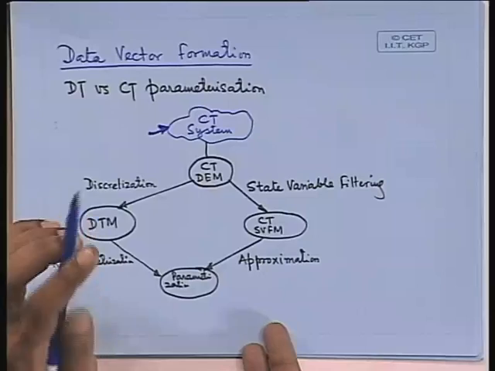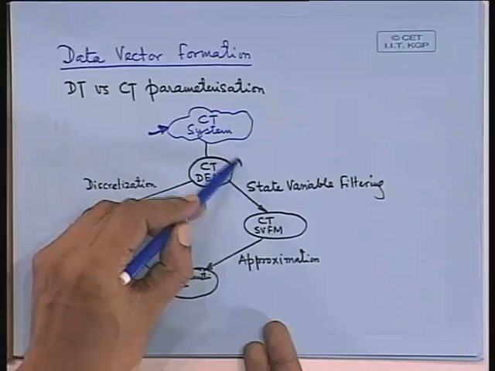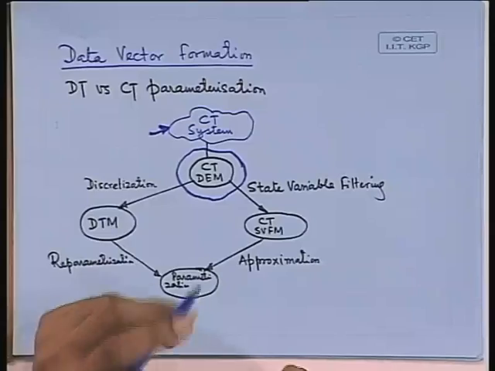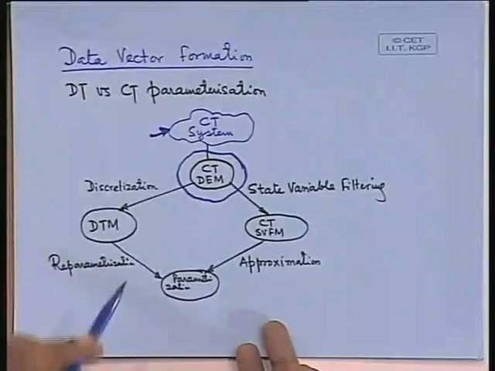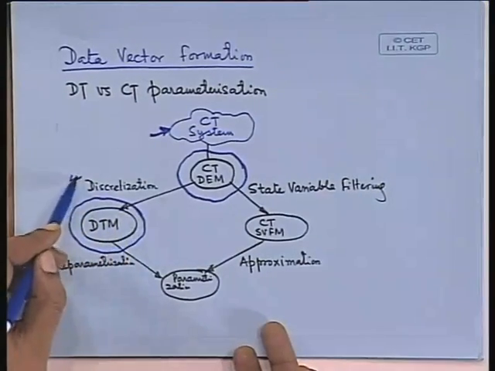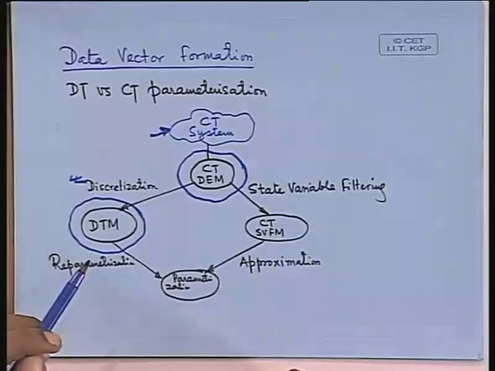Ideally, they are described by continuous time differential equation models, or S transfer functions if they are linear. Now, how do we get our difference equation model? By a process called discretization.